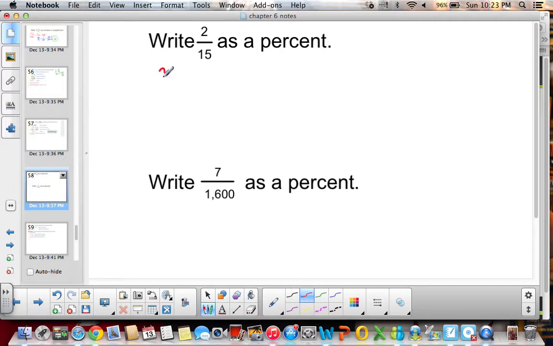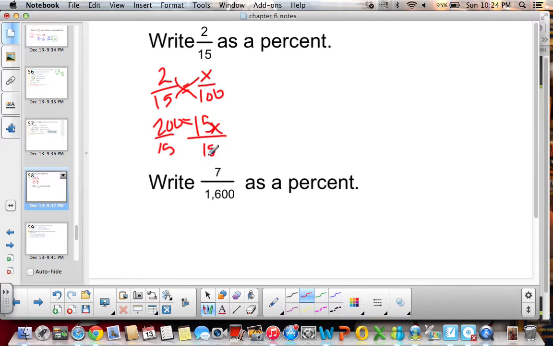So we have 2 over 15 equals x over 100. I'm going to cross multiply, so 2 times 100 and 15 times x. So 200 equals 15x. I'm going to divide both sides by 15 so that I can have my x alone.